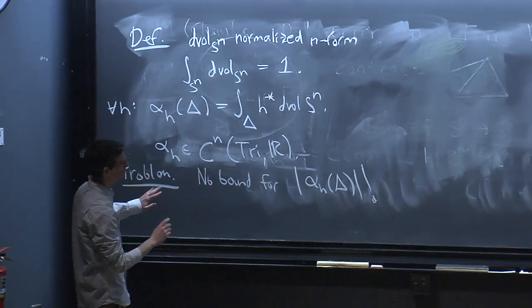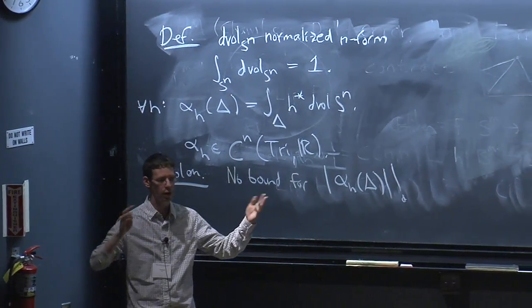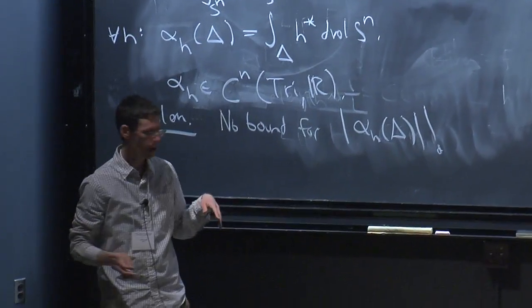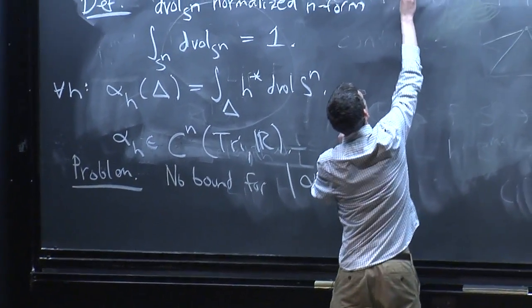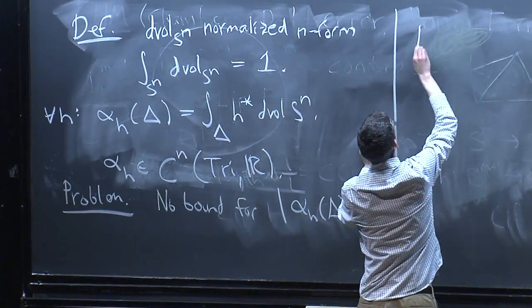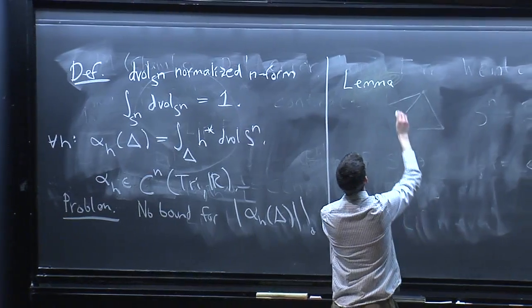So this is the most important problem. I said at the beginning there were two key ideas, two key tools, one coming from topology and one coming from geometry. This is the one that we'll solve using the geometry. And let me just state for now the solution. That was lemma 1. This could be lemma 2.